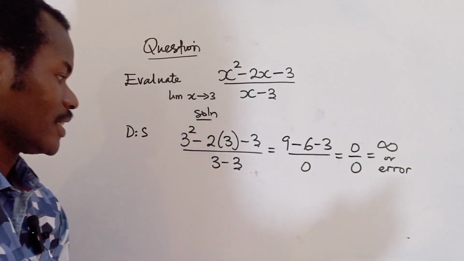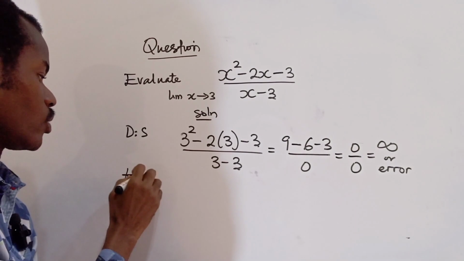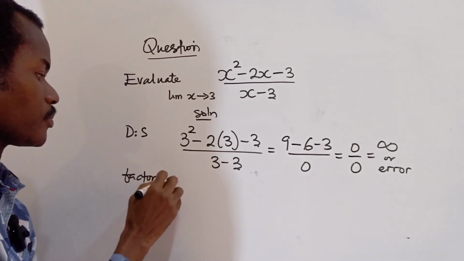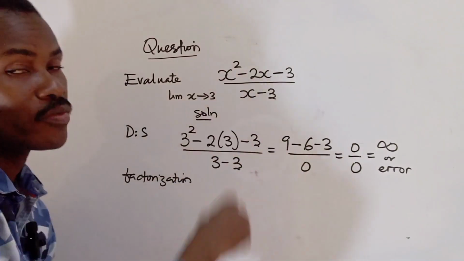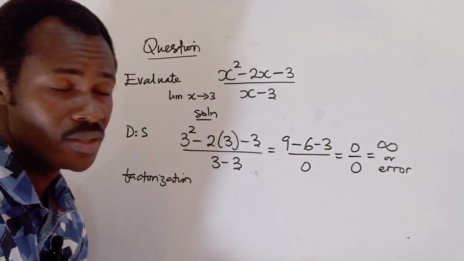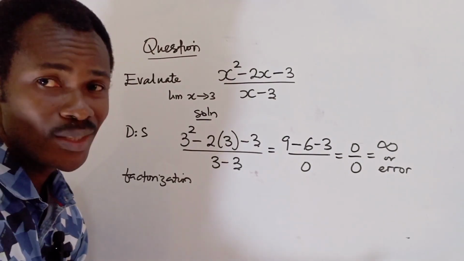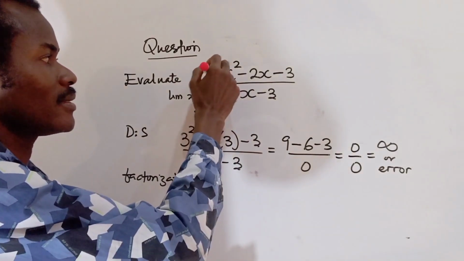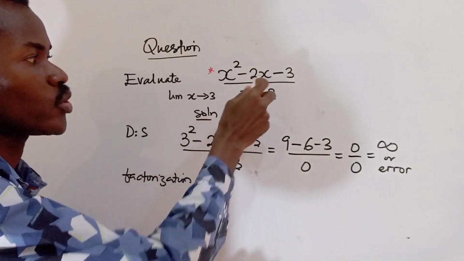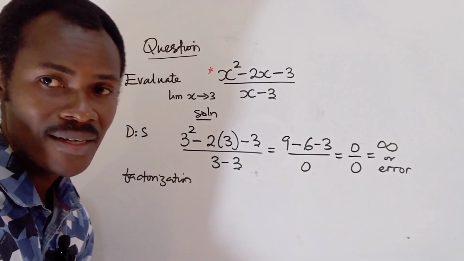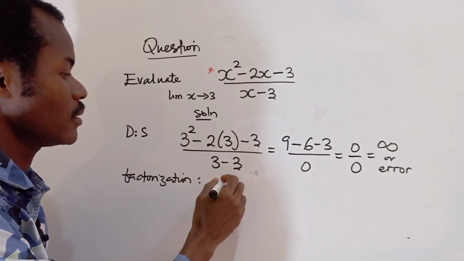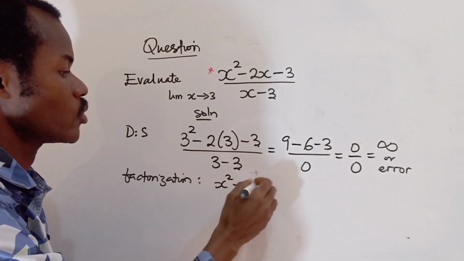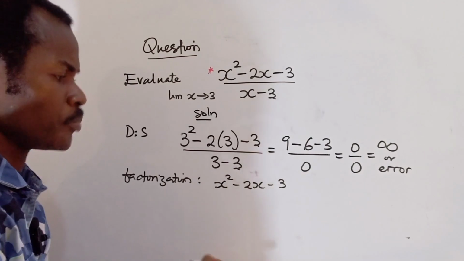Alright, so the next method we are going to use is factorization. For factorization, you want to look out for what to factorize, either at the numerator or the denominator. What is factorizable in this case is x squared minus 2x minus 3. So we are going to factorize x squared minus 2x minus 3.